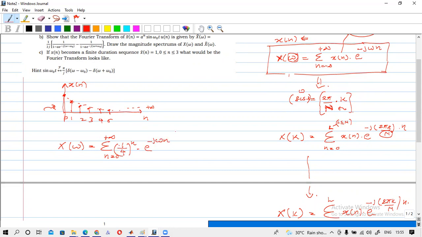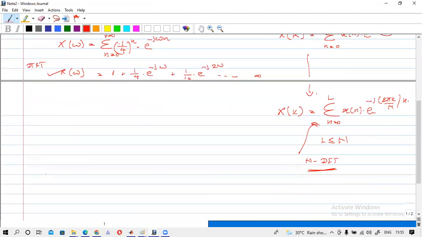This will be the Fourier transform. If n is 0, it will be 1. If n is 1, it will be 1/4 e to the power minus j omega. If n is 2, it will be 1/16 e to the power minus j 2 omega. So on, you can write terms up to infinity. So this will be the discrete-time Fourier transform, not the DFT.